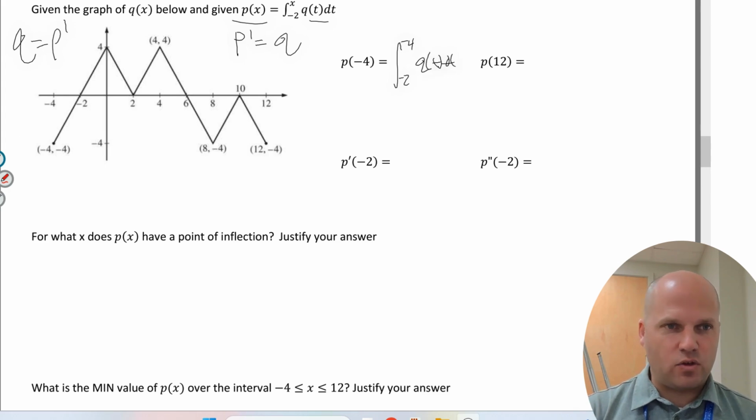Okay, I'm starting at -2, so maybe I put a little star here, knowing that this is where I start. All of these triangles of area are going to be 4s. That's an 8. So let's say this is 8.